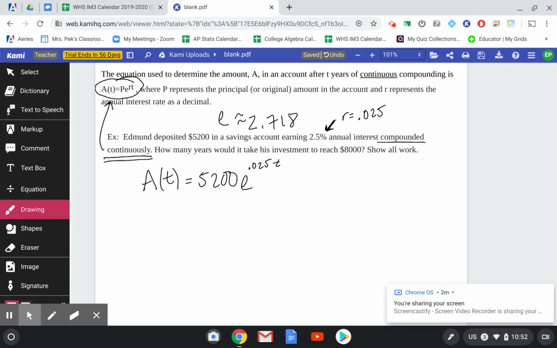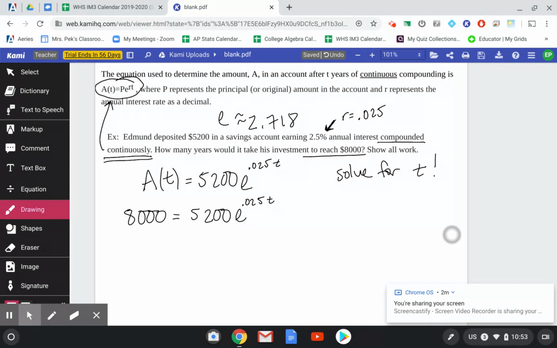Now, we want to know how long it'll take to reach $8,000. So I'm going to replace A of t with $8,000 because that's how much I want to end up with in my account after t years. And I'm going to solve for t.